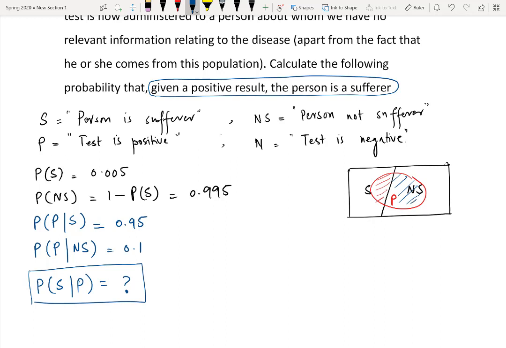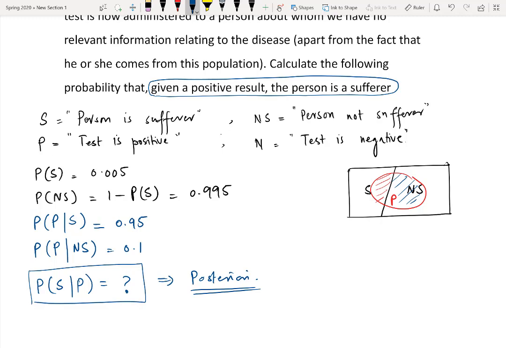So it can have intersection with both, right? Now after the test is conducted, if we are interested in finding the probability that the person is a sufferer given the test result is positive, it means we are going to compute the posteriori probability. So this particular probability is the posteriori probability because it is being computed after the occurrence of another event.